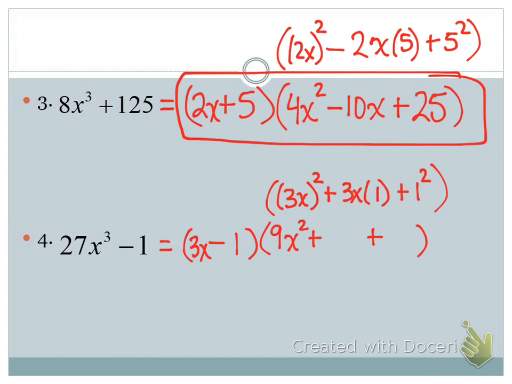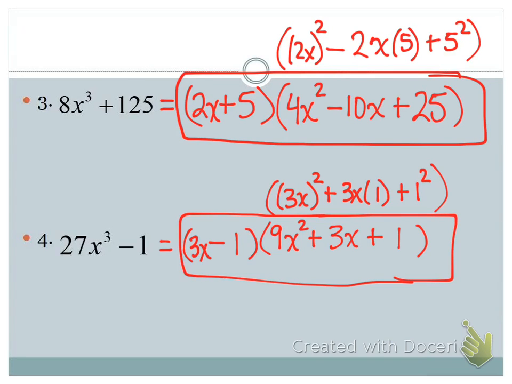So both the 3 and the x get squared. 3x times 1 is just 3x, and 1 squared is 1. Once you set up your first little set of parentheses, doing the back set isn't too terrible. Just have to remember to square, multiply, square.